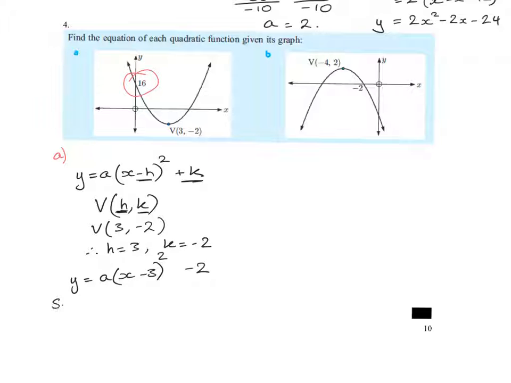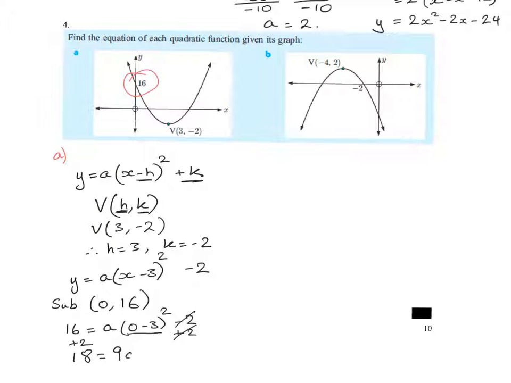So I'm going to sub in the point (0, 16). So I get 16 equals a, I still don't know, times (0 minus 3) all squared minus 2. Now I might add 2 to both sides to cancel that 2 out. So I get 18 equals, now here 0 minus 3 is negative 3, negative 3 squared is 9, so I get 9a.